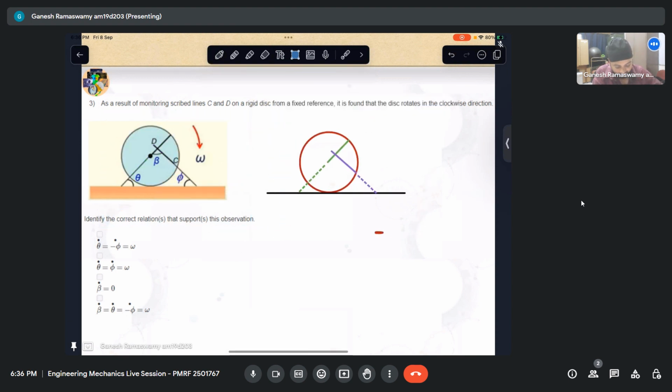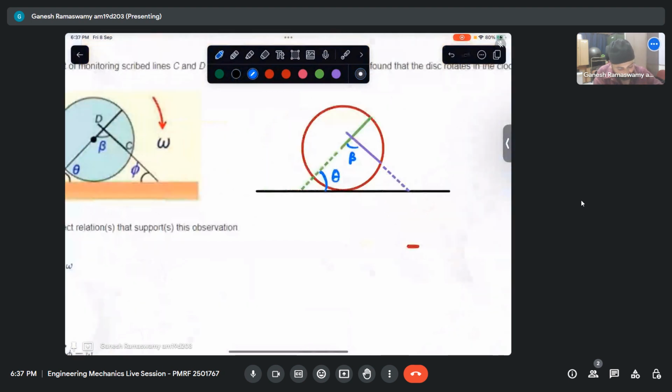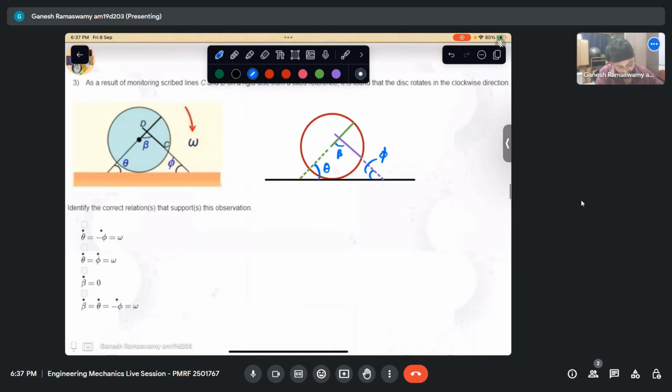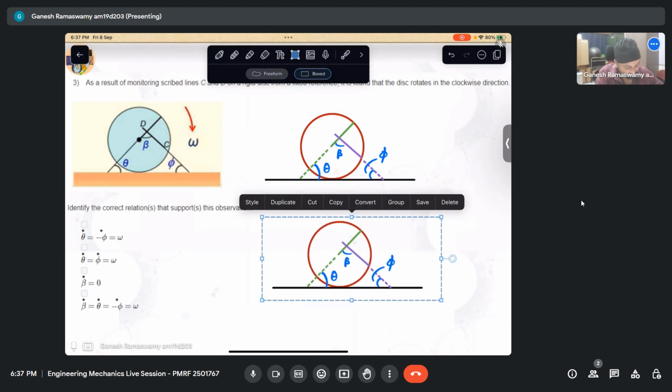So what is given is, this is theta. I have this to be beta, the angle between those two lines is given to be beta. Let's erase this out. And this is given to be phi. So this is what we have as of now. Now it is given that it is rotating in the counterclockwise direction. So let us make a copy of this and then let it rotate like that.